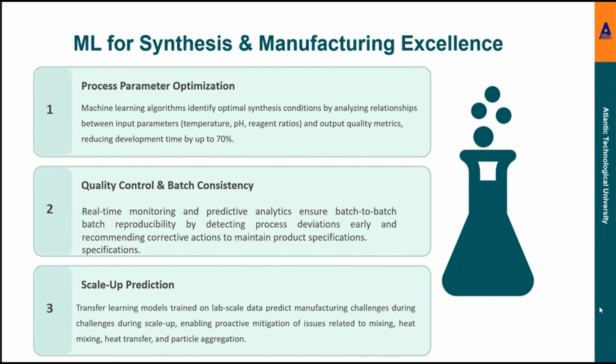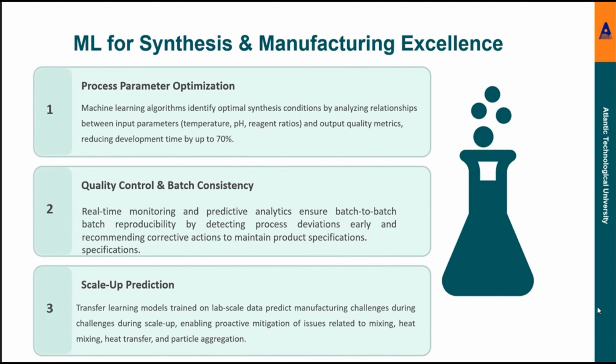Machine learning can also help in quality control and batch consistency. When we produce a batch, it must be consistent with the next batch we produce. Machine learning can help us detect deviations from one batch to another, so we can easily control the quality of the nanomaterial we are producing.